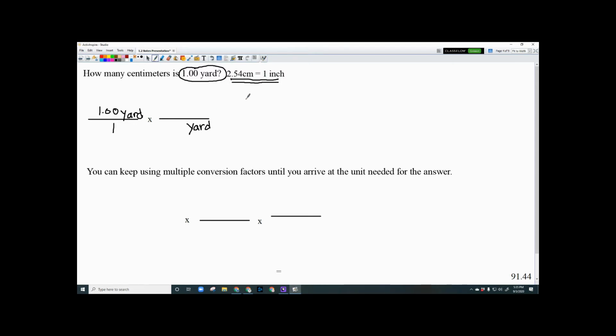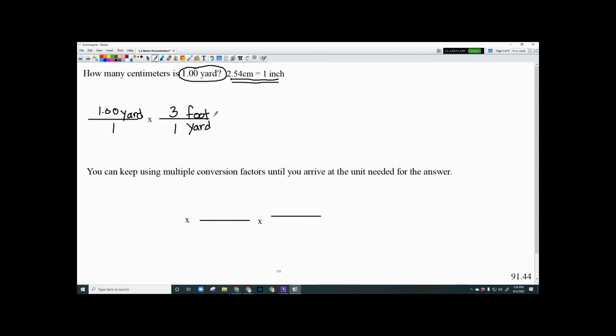Probably not, okay? So what can we go to? What do we know about a yard? Well, yards are made up of feet or a foot. So now how many feet are in a yard? 1 yard is made up of 3 feet, or 3 1-foot measurements.